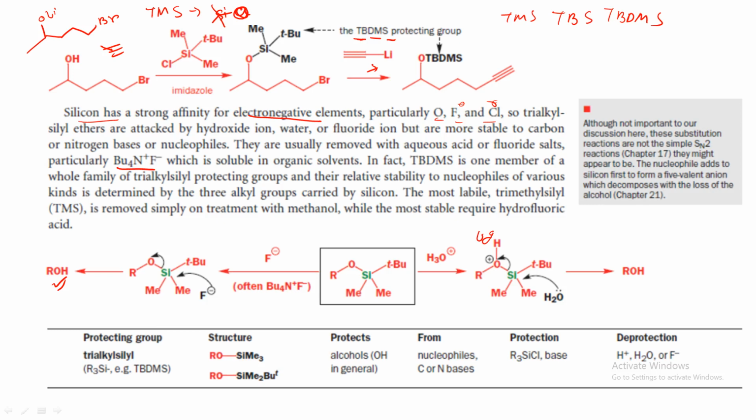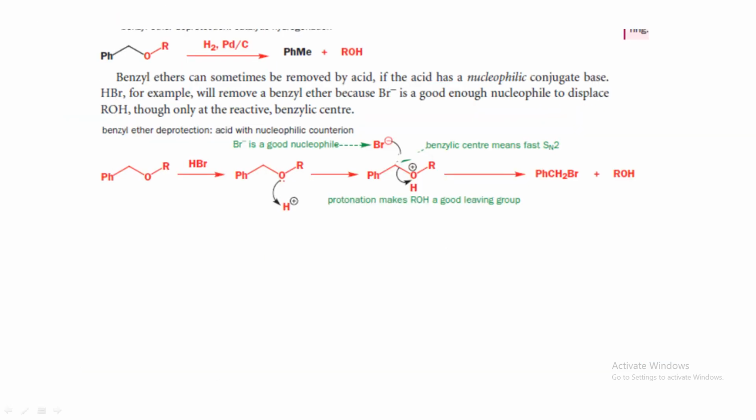That's all about silicon based protection groups. Here you can see the deprotection happens with H plus, H2O, and of course F minus. The next thing, rather than oxygen-silicon protection groups, another very famous one is benzyl protection.